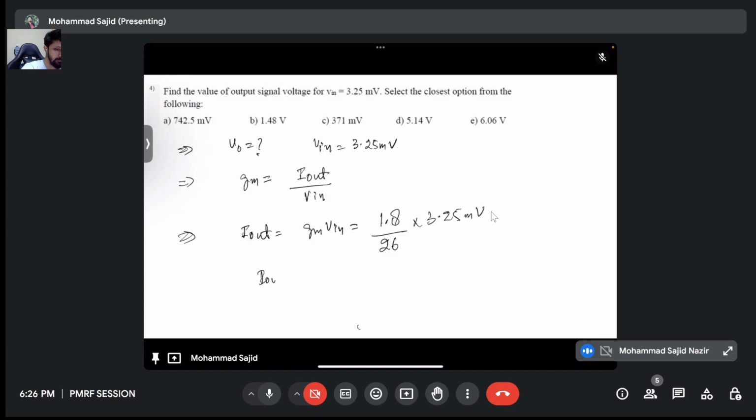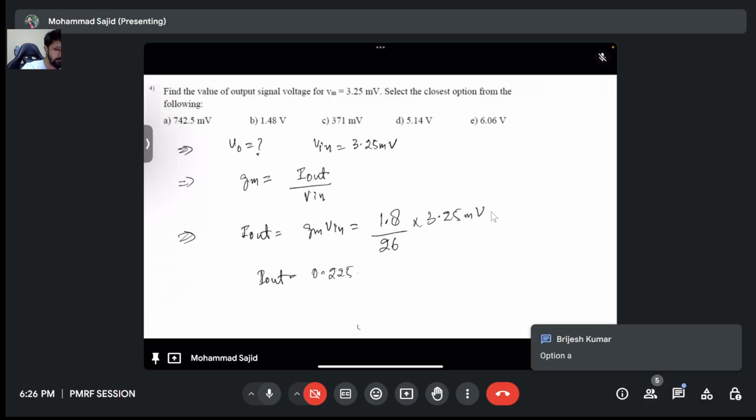So I out is 1.8 multiplied by 3.25 divided by 26, which is 0.225 milliampere. Option A. Okay, let us check.